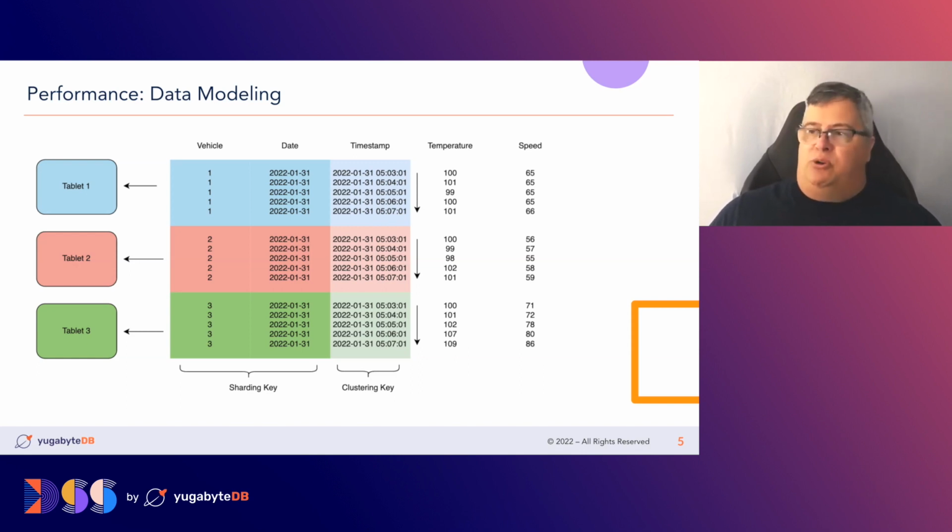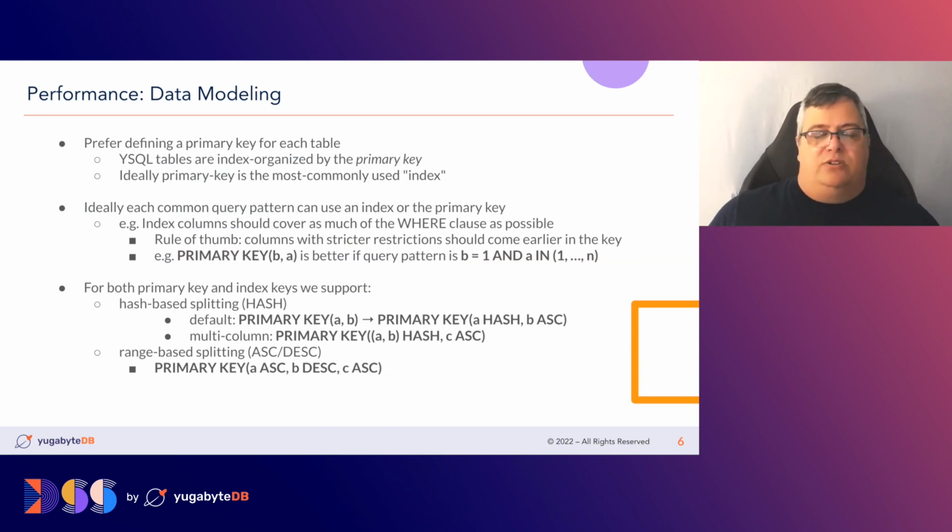Those of you familiar with Cassandra will recognize these as partitioning keys and clustering keys. We use these concepts in the storage engine to do all of our key organization for this distributed system. So generally we're going to have our high cardinality columns be a sharding key, and our lower cardinality or range sorted columns be the clustering key.